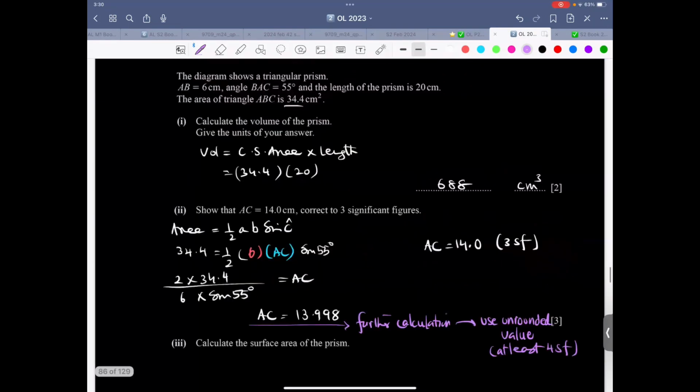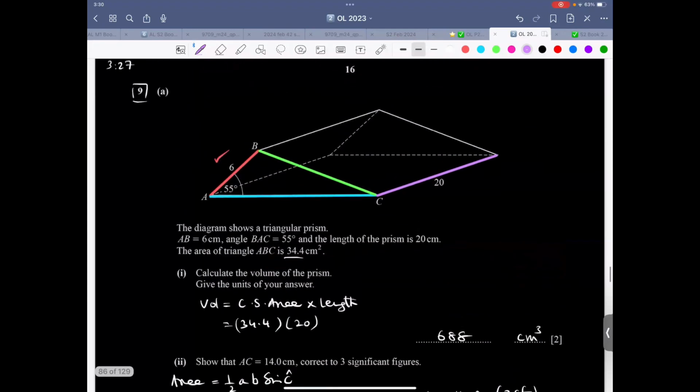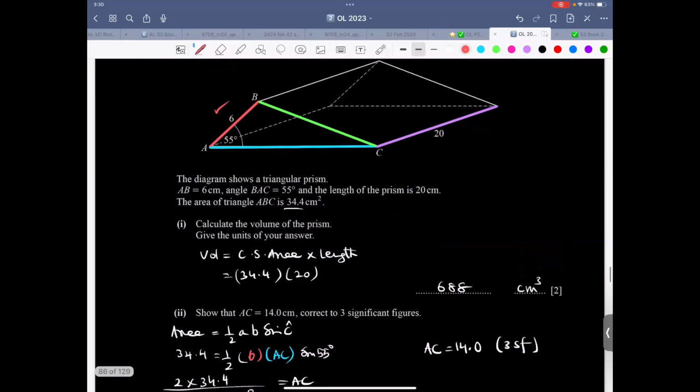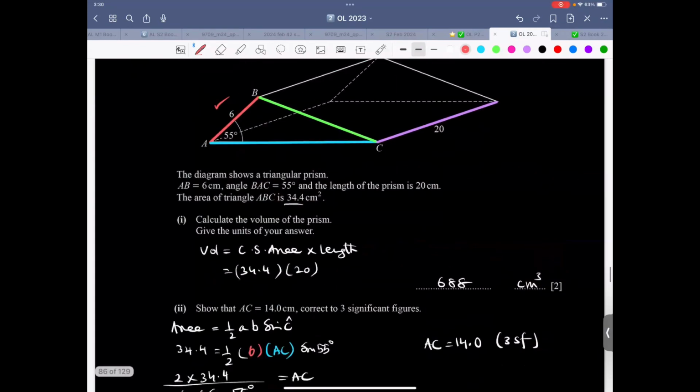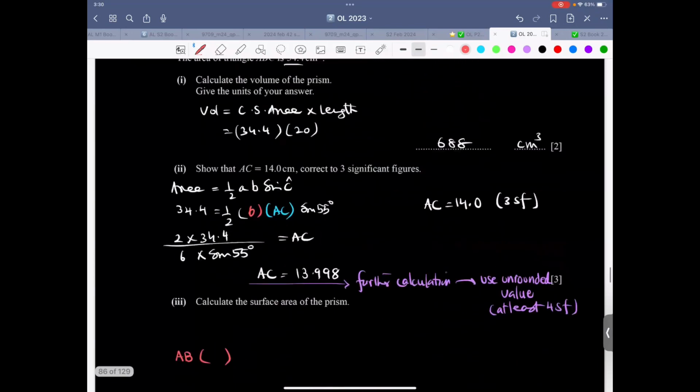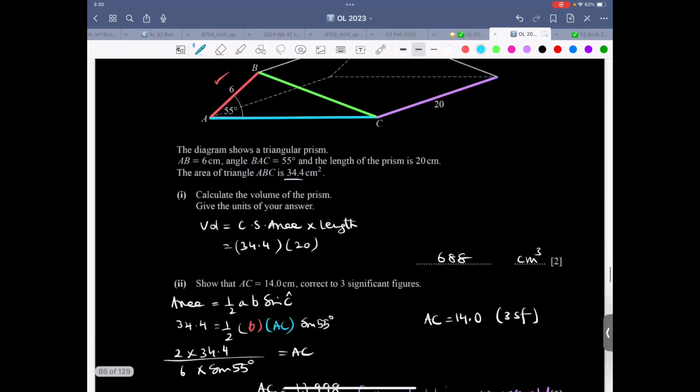Calculate the surface area of the prism. So basically, the surface area of the prism is AB into 20, then it's AC into 20, then we have the green one, BC into 20.